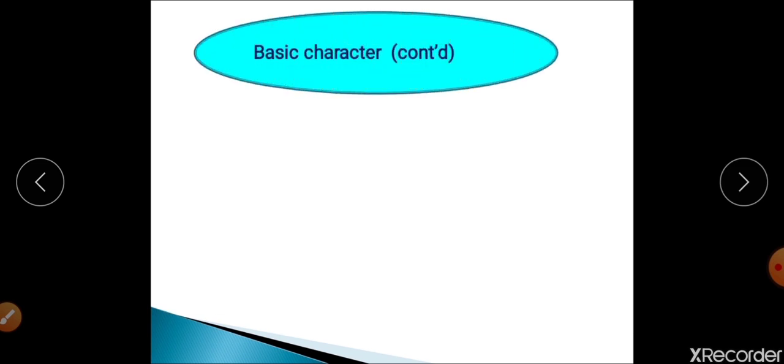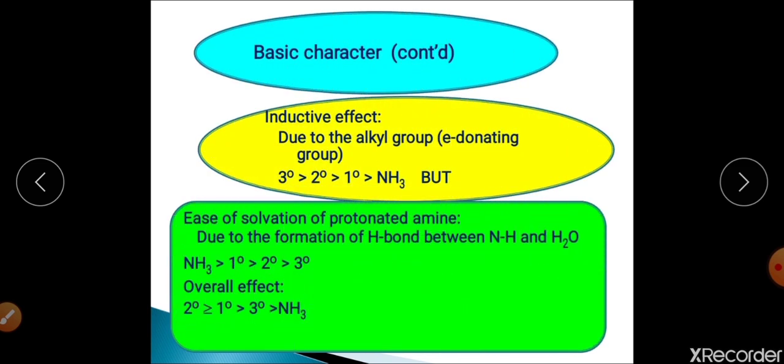If we are concerned about the basic character of the aliphatic amine, we can have two effects. One is the inductive effect, and the second effect that will interfere with the basic character of the aliphatic amines is the solvation effect. When we are talking about the inductive effect, it means the number of R groups attached to the nitrogen.